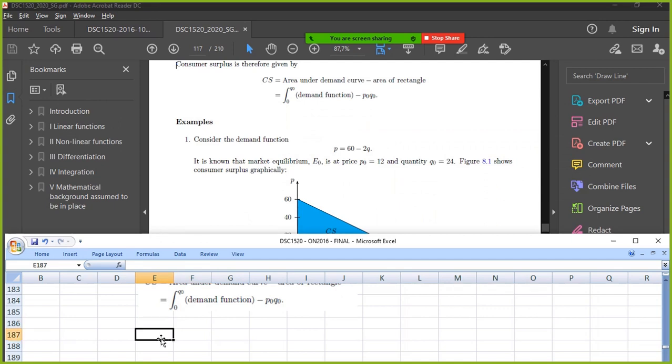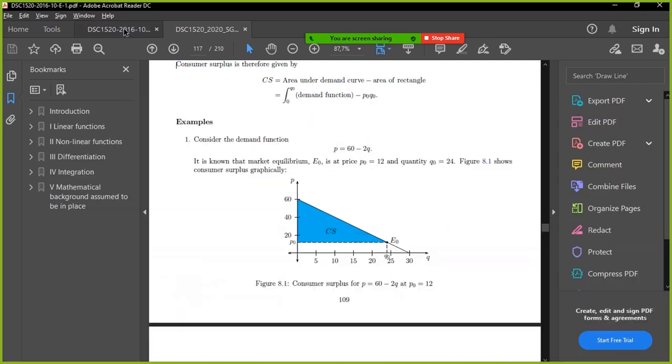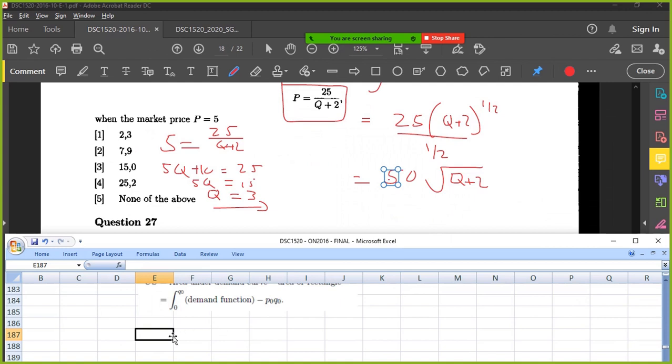Alright, so 0 to 3. For the function 50 square root of Q plus 2, close brackets, and then you've got minus P times Q, which was 5 times 3.